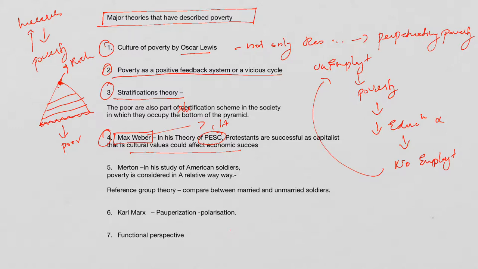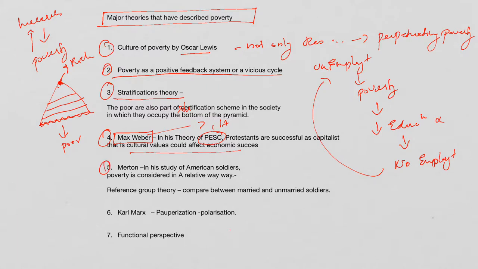So according to Weber, you will be out of the poverty line, or you will not come to that line, because culture is also a reason for that. Cultural values also determine whether you will be poor or rich. But many people criticized this, saying it is not the culture, opportunities decide success. Okay, criticism is also there, but you can add this point.